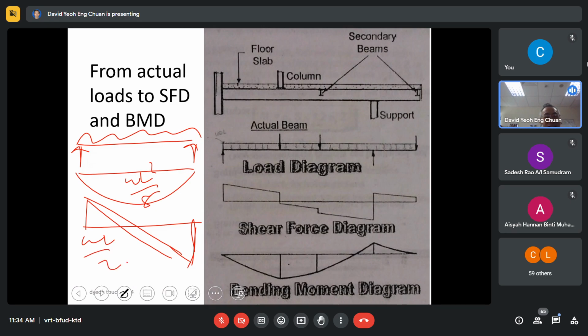Now, normally it's not always like this. Sometimes you get cases like this, so in cases like this you have to do it manually and calculate all of this. So in exams, don't expect it to be straightforward like this.